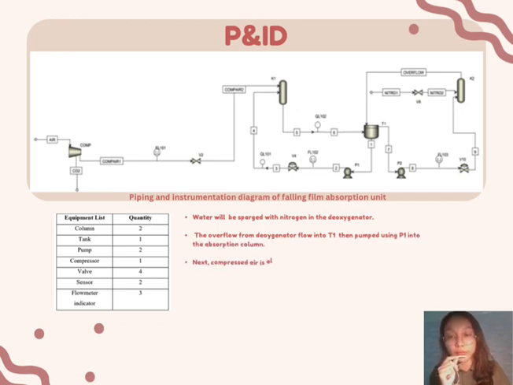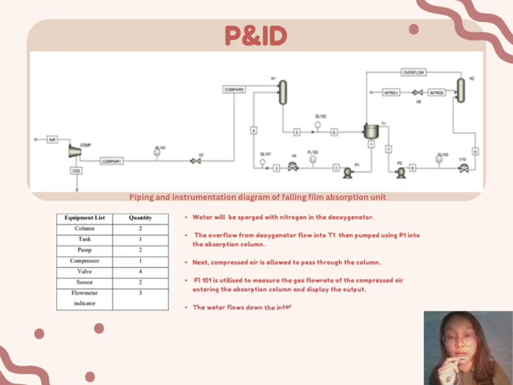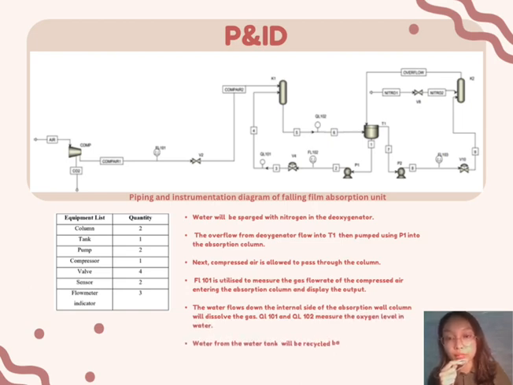The process begins with the sparging of water and nitrogen in the deoxygenator column K2. Then, the overflow from the deoxygenator column will flow into T1 and be pumped using P1 into the absorption column K1. The components labeled FL102 and FL103 are flow meter indicators which measure the flow of water and display the output on mechanical indicators.